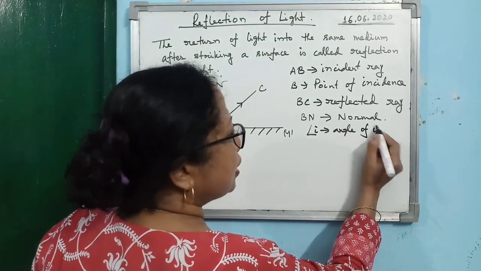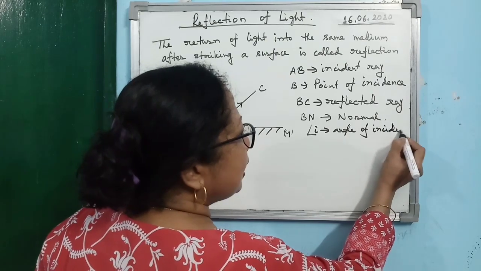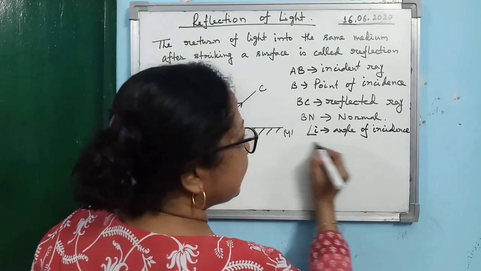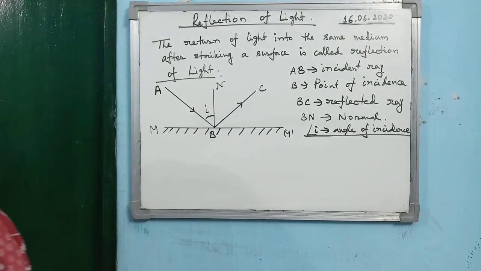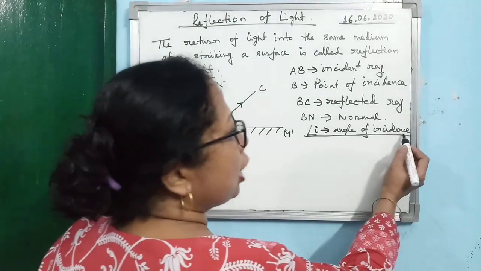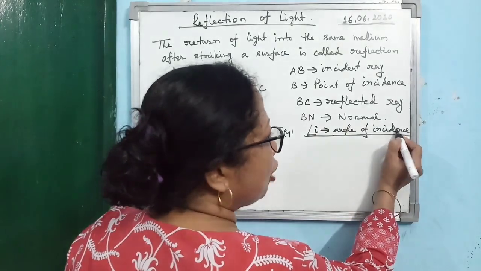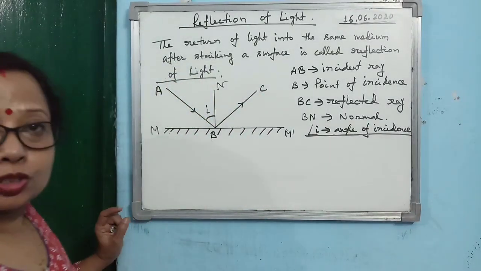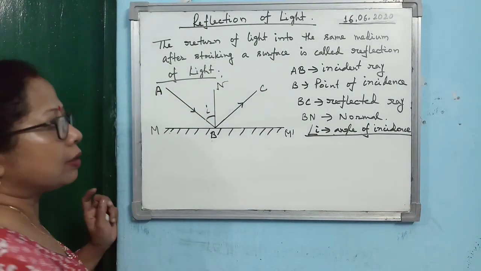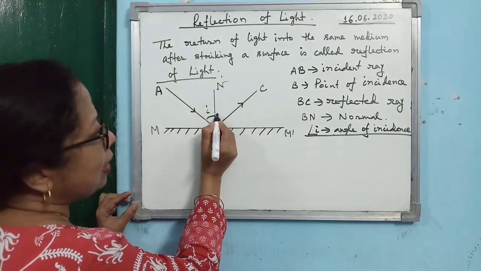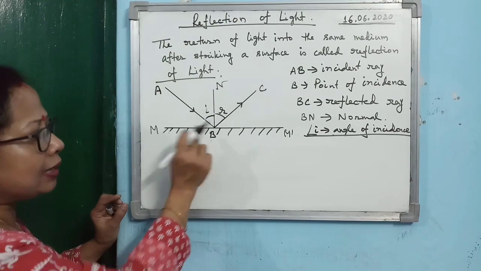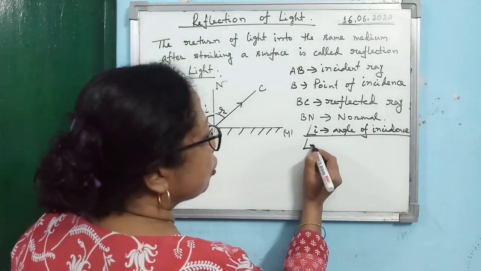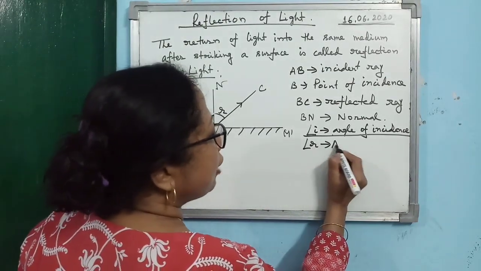What is angle of incidence? I said the angle between the incident ray and the normal at the point of incidence. Remember, this is angle of incidence, not angle of incident. Alright, so be careful while writing the terms. Then the angle between the normal and the reflected ray at the point of incidence is known as angle of reflection.